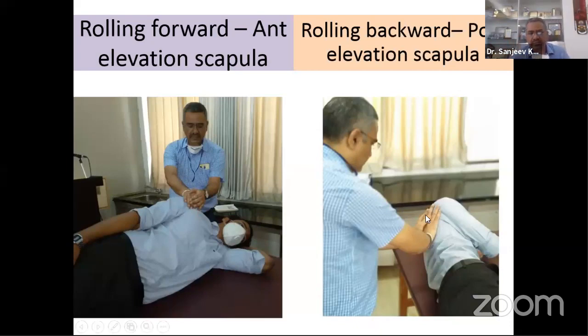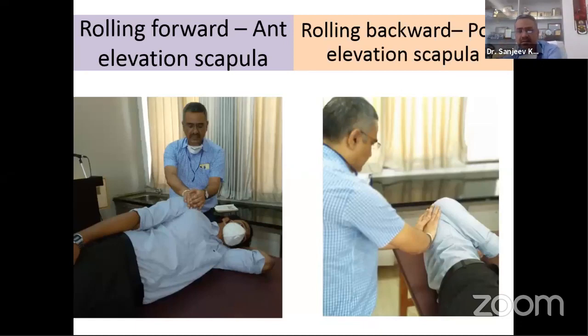The reverse of this is when the patient is already up, or in half lying or side lying, and you apply posterior depression. In this, the patient will try to push backward. If the patient pushes back, he can turn the trunk. So here you get trunk mobility in the forward direction by anterior elevation, and in the backward direction by posterior depression.